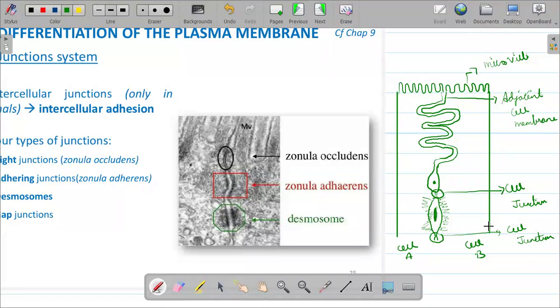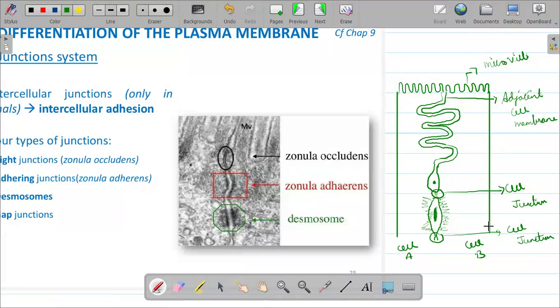It's a junction which connects two different cells, and these are called your cell junctions. Now there are a lot of cell junctions.